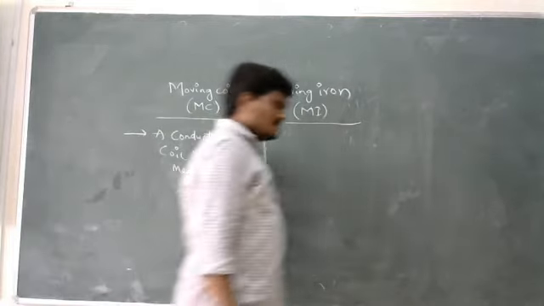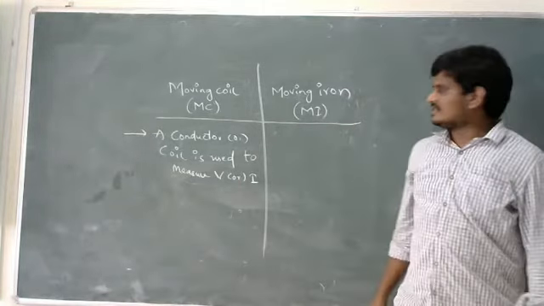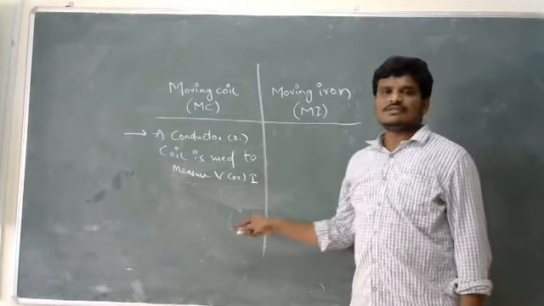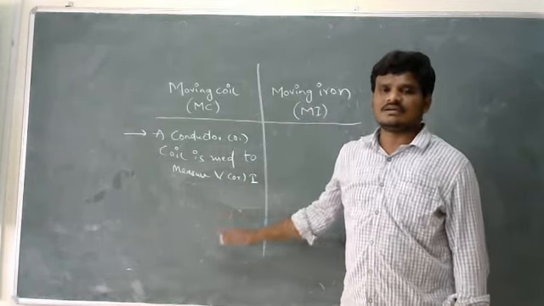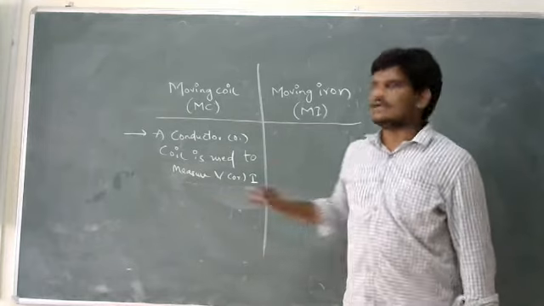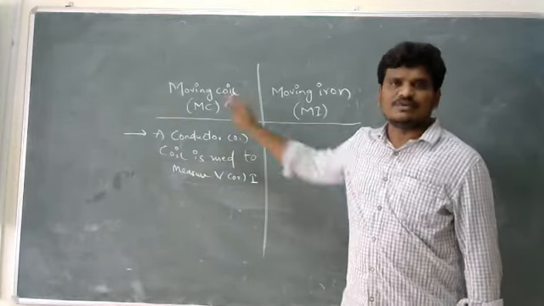That is, MC is an instrument which is used to measure the value of voltage and current with the help of a conductor or a coil. This is the general definition of a moving coil instrument.